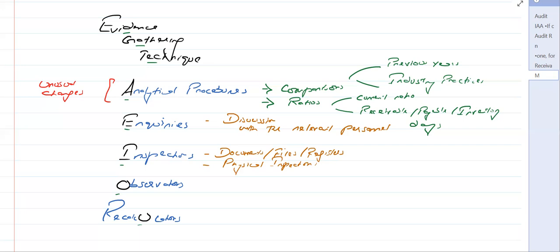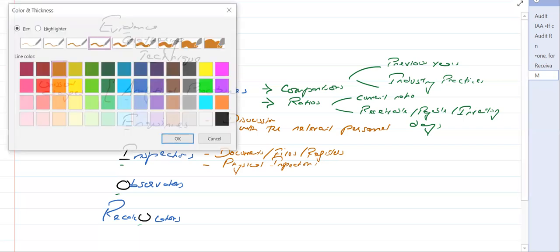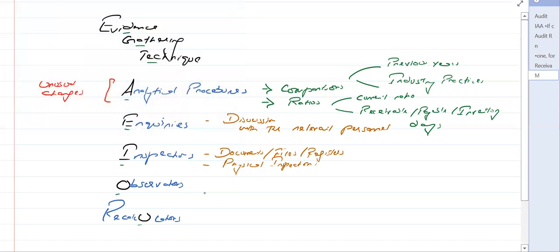Now we have the observations. Now observation is observing the processes and the procedures. Now again, do not confuse this observation with the test of control. You are having this technique within the test of control as well, but here the objective is the financial statement.